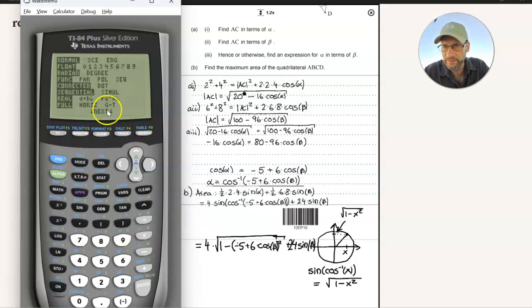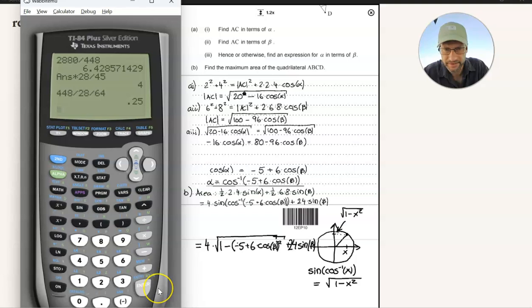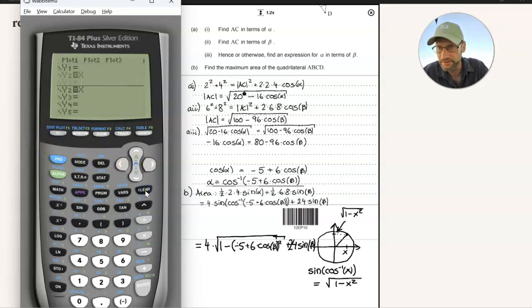First thing to do is check that we're working in radians, because of course, alpha and beta are now functions. And if we are going to draw graphs of stuff that depends on alpha and beta, we want to work in radians. Then we go here and we define the function. So y1 equals 4 times something to the power of 1/2. That's a square root. And then I move into my bracket and I press insert.